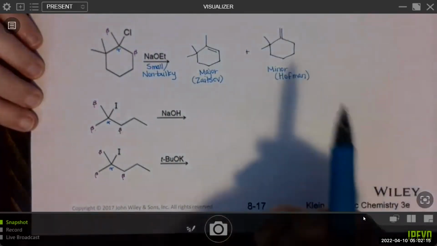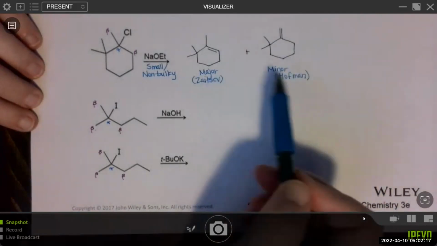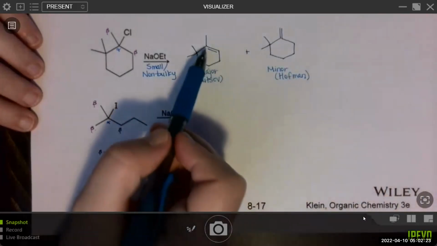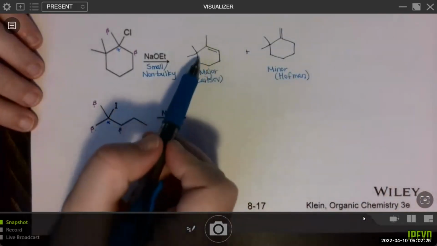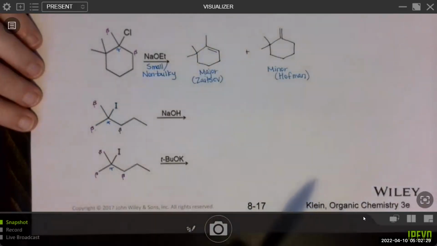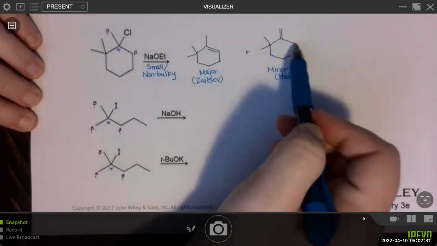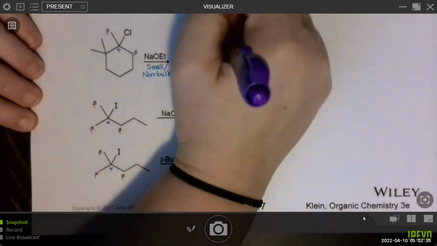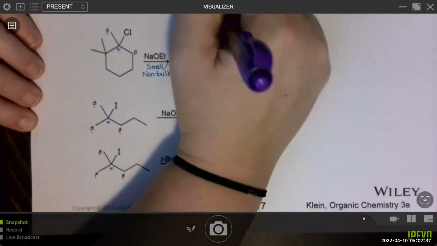And how do I know this is Zaitsev and this one is Hofmann? The reason that I know that is because of the substitution. So this is a 1, 2, 3, a tri-substituted alkene. This is only a di-substituted alkene. Right, so make a little note of that.